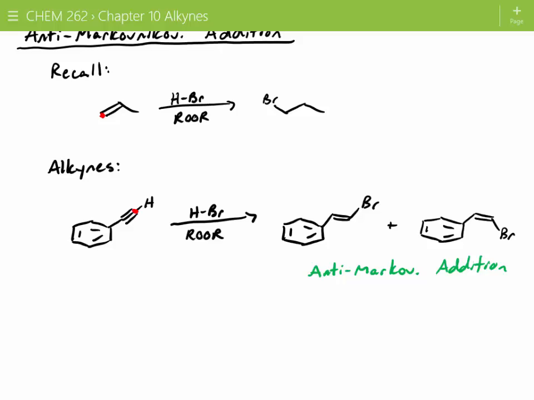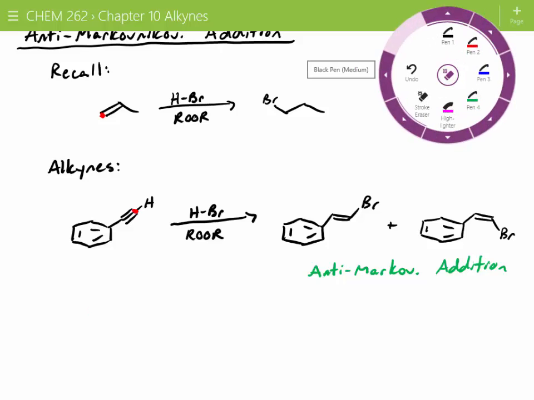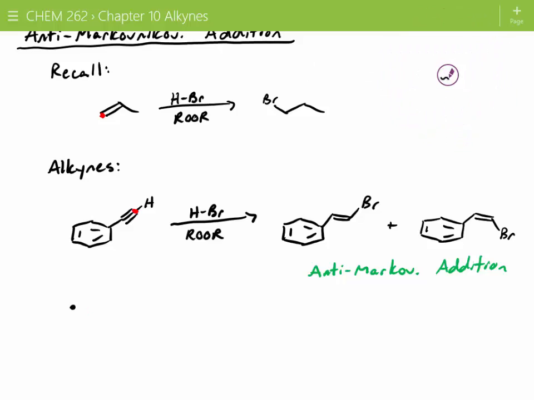Yep? You added more to the Markovnikov side without peroxide? Yeah, without peroxides, it would add to the Markovnikov side. Yep. In this case, I mentioned last term, or sorry, I keep on saying last term, last chapter, that we'll discuss this mechanism more in chapter 11.